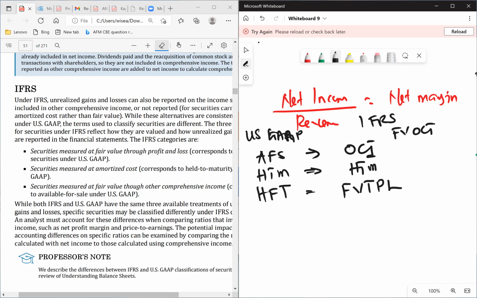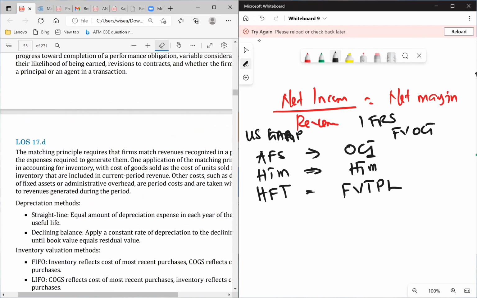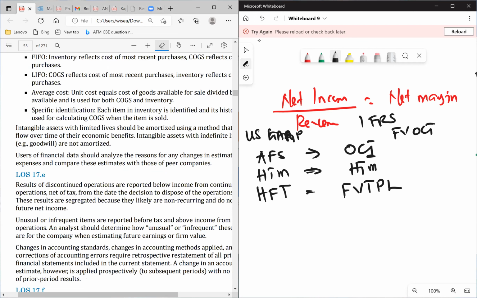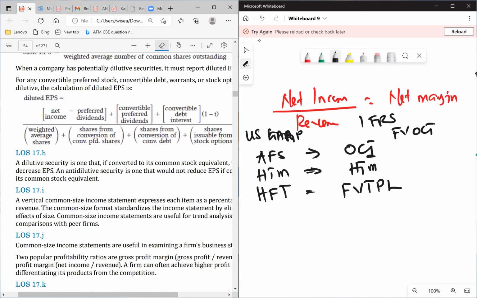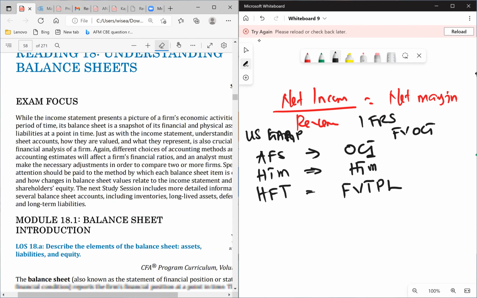It will not be fair value, and therefore the change in the value will not be passed through any aspect of financials. Is that okay? Anyone with issue with the classification? Hello?